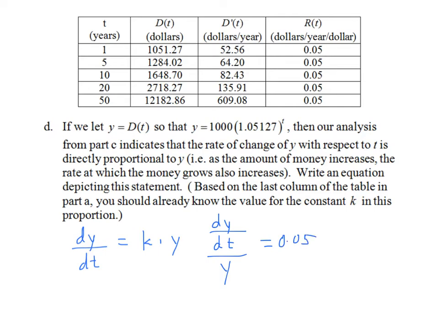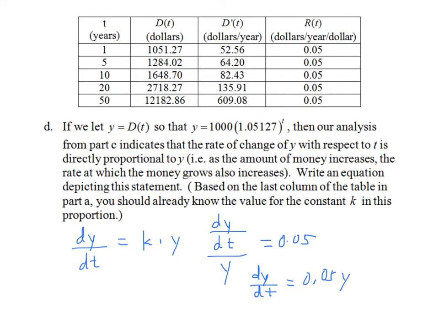So if we multiply both sides of this equation by y, that would give us the direct proportion. We would be left with dy/dt equals 0.05 times y, and so of course that means that our k, our constant, is the 0.05 that we got up here.